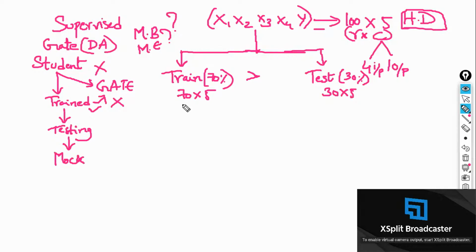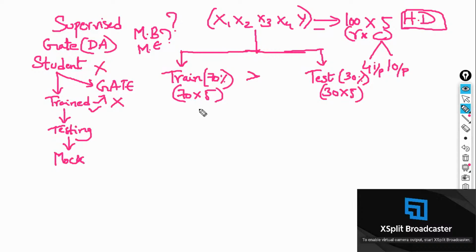Yes, obviously. 70 by 5 and 30 by 5 will be the shape of the train and test datasets respectively. Okay. So 70%, 30% is nothing but we are taking 70% of this data to the train dataset, 30% of this data to the test dataset.